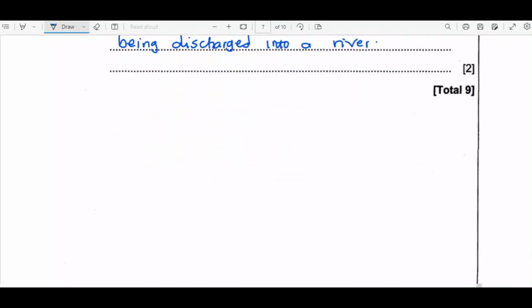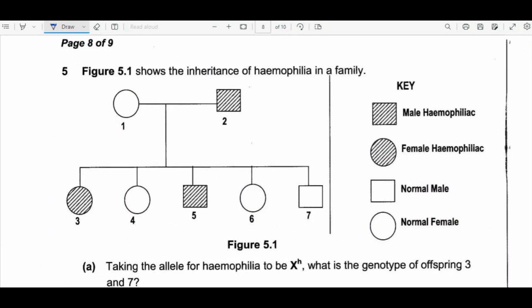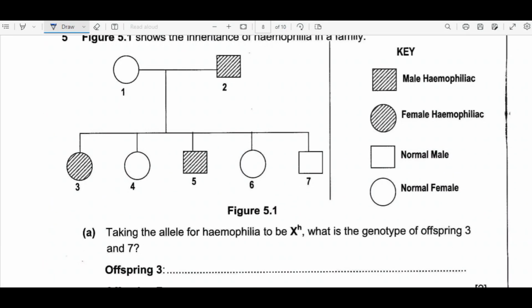Then we go to the last question. Under the last question, figure 5.1 shows the inheritance of hemophilia in a family. Then the key: a box that is shaded, we have male hemophilic; shaded circle, female hemophilic; and a shaded box, normal male; then normal female. Now first let's see if we can look at some.